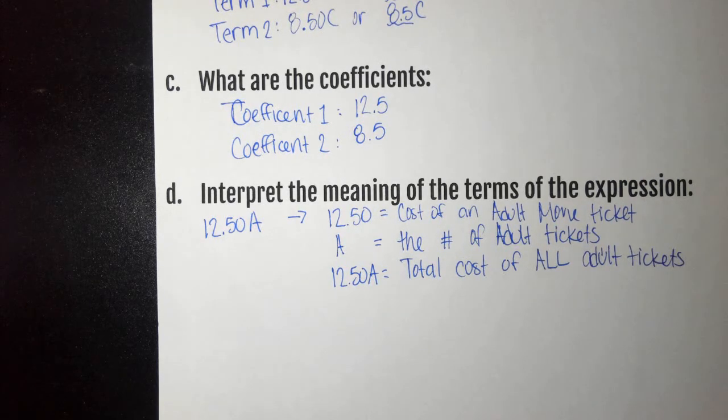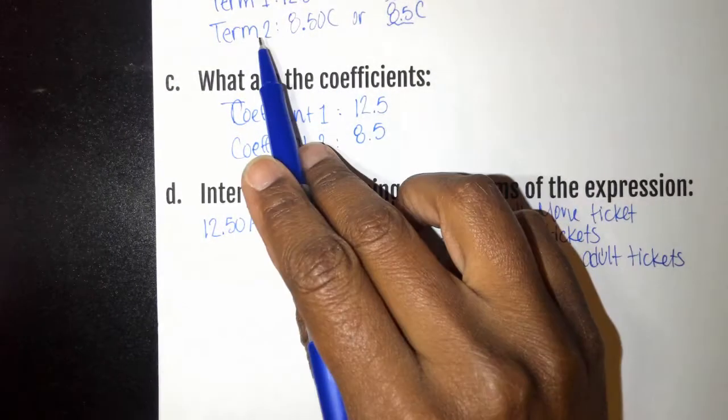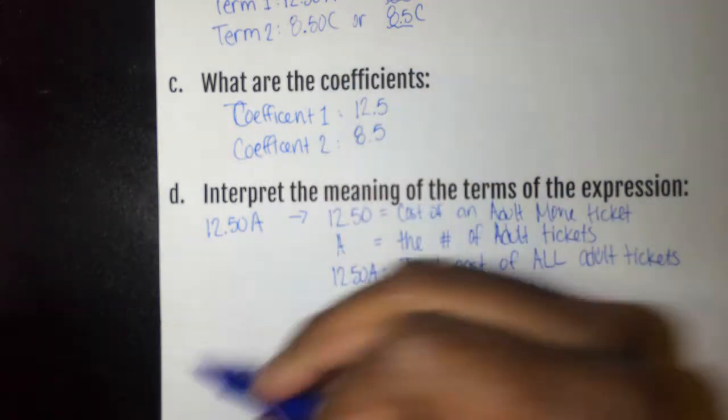So let's break down the second part in the same way. The second term was 8.50C.